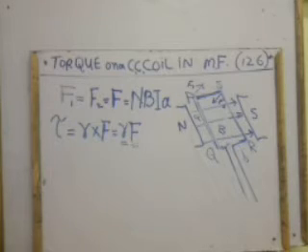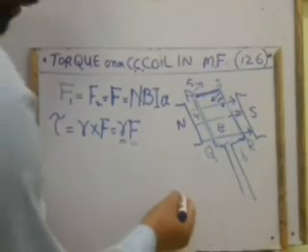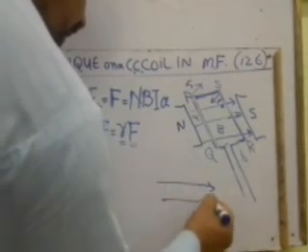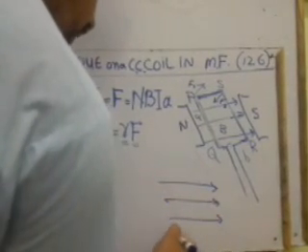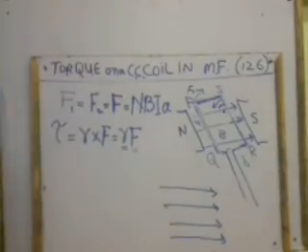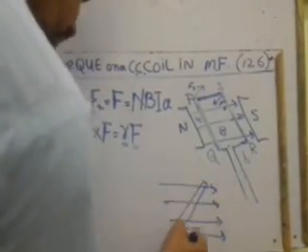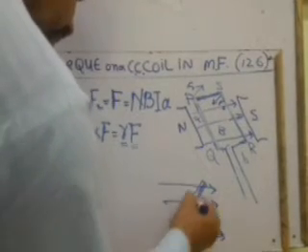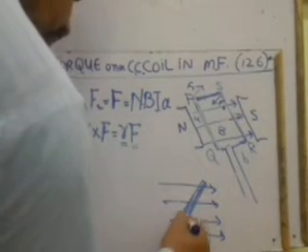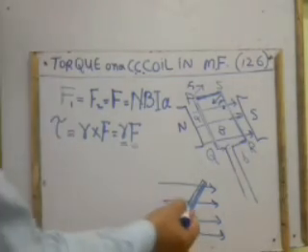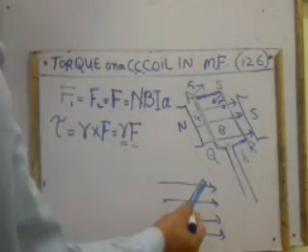To find the value of R, let us consider another diagram which is taken from the top view like this. For example, this is the top view of the coil. This is the axis of rotation, the central point.